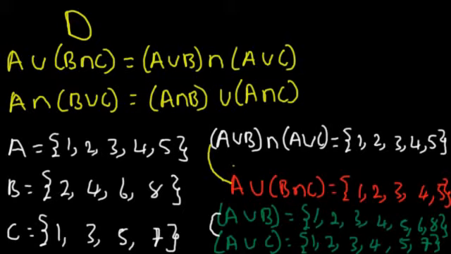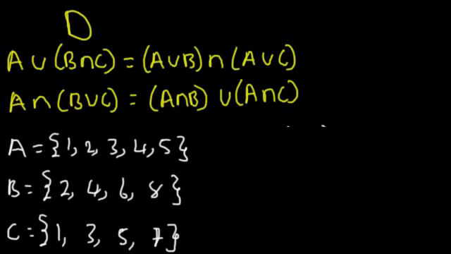Okay, so now let's try to check out the second case. For the second case, we said A intersection B union C is equal to A intersection B union A intersection C. So let's try to find B union C first. What will be the value of B union C?